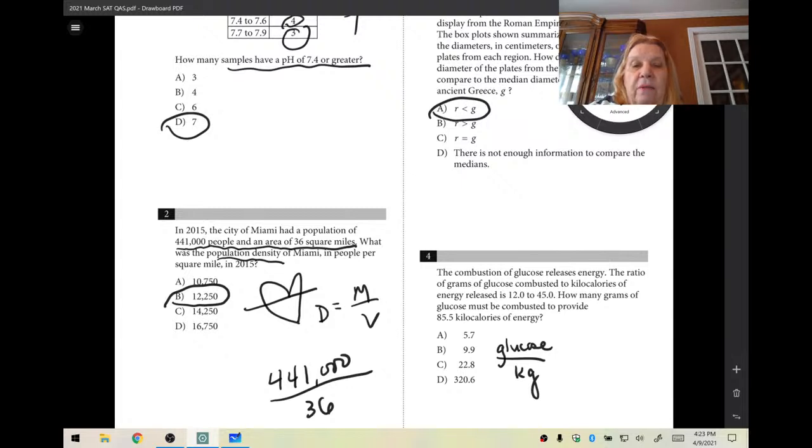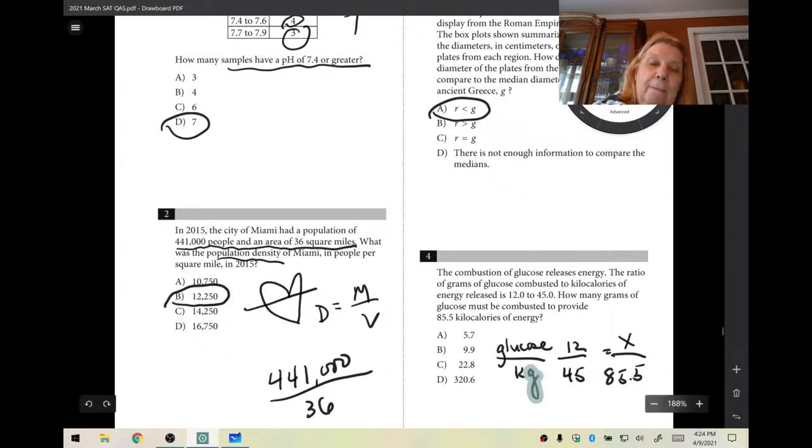So we have glucose is 12 to 45 kilocalories. We want to get 85.5 kilocalories, so we put that in the denominator. Oh, it's kilocalories, not kilograms. Sorry.